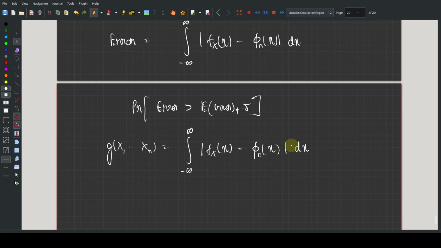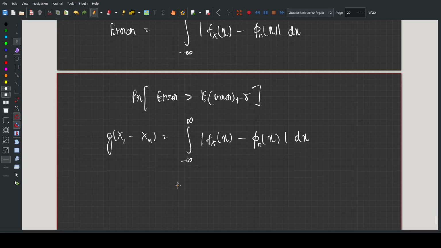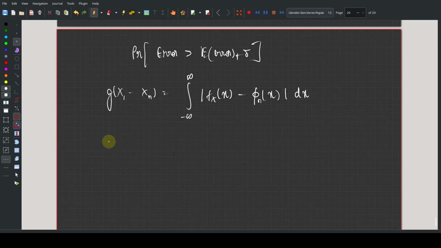And if I want to use, say, the Efron-Stein inequality or McDiarmid's inequality, I have to show that changing one realization of xi does not influence this L1 error by much. So how would we do that?